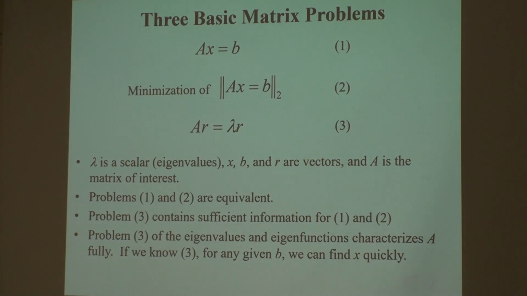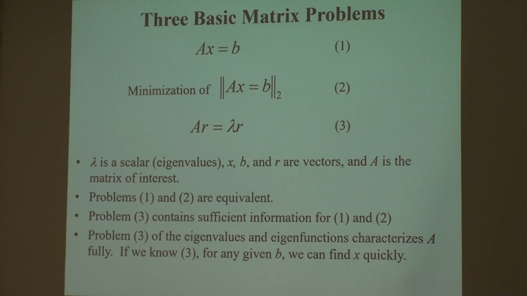For the linear problem, you are usually dealing with these three problems. First, get a solution of Ax equal to b: given A and b, get x. Or minimization of a residual, Ax minus b, the second norm, like a least square fit. x is not exact, but you are interested in getting the minimum of the second norm.